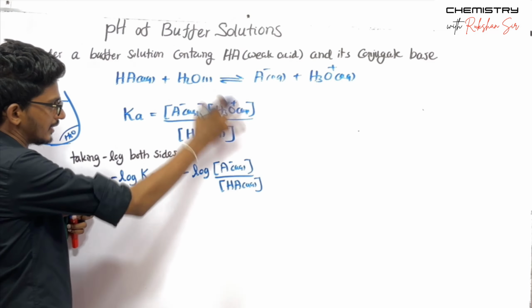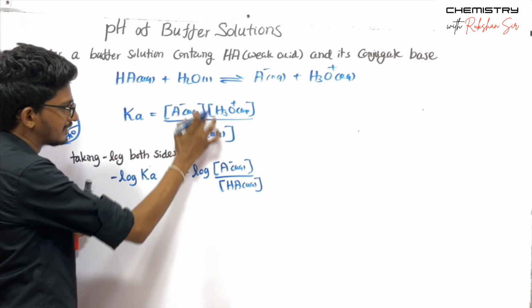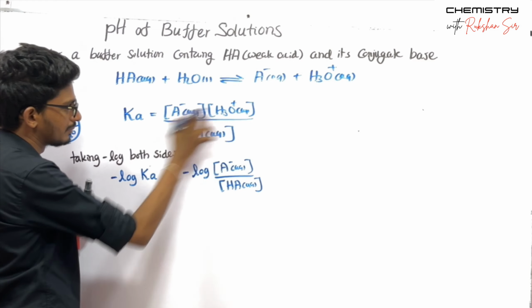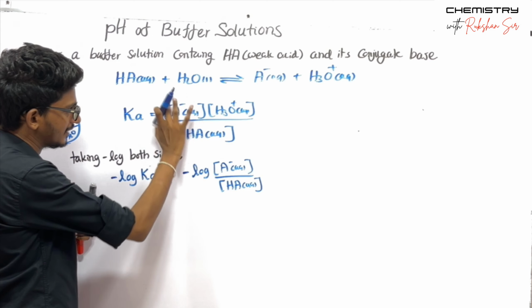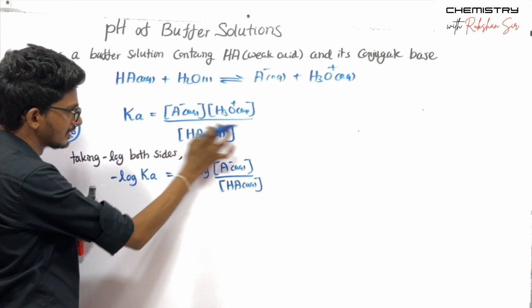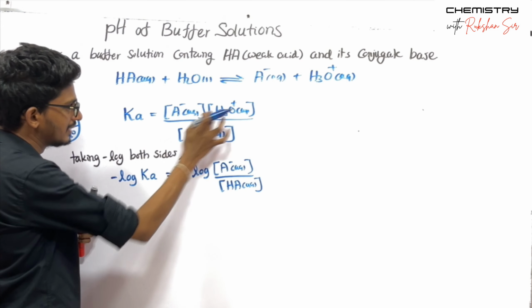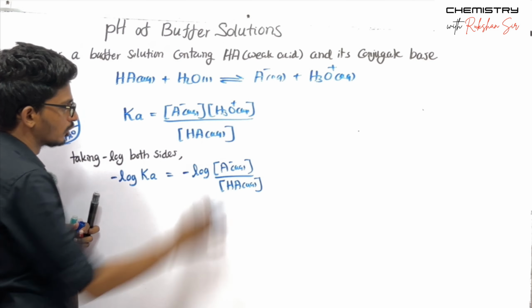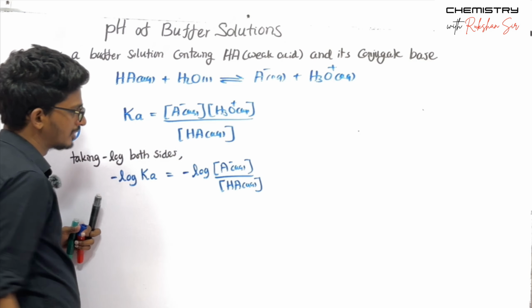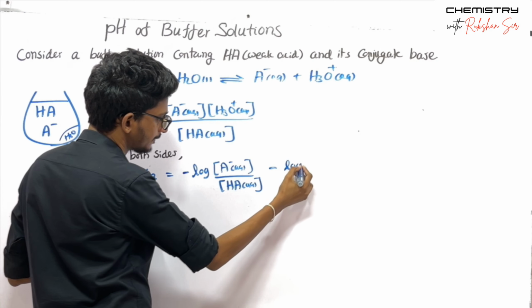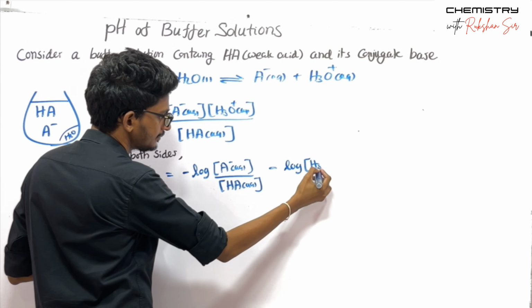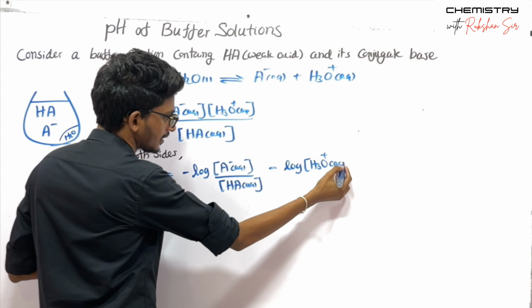So now this can be considered as this section multiplied by this section. So log of a multiplication is a log summation. So you are taking minus log [H3O plus].